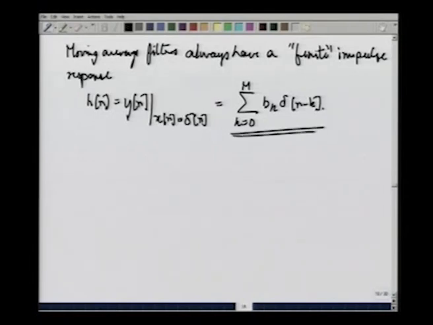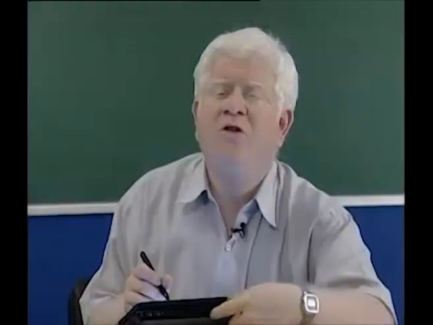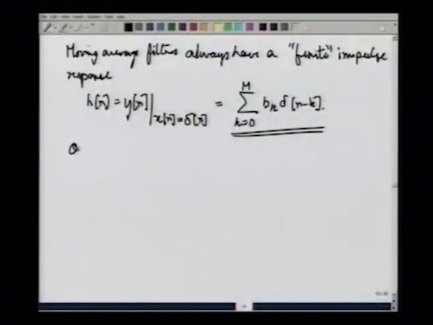This is the impulse response, as simple as that, and therefore, it will have only capital M different non-zero points in the impulse response. Actually M plus 1, because even at k equal to 0 you have a term, so it is M plus 1.